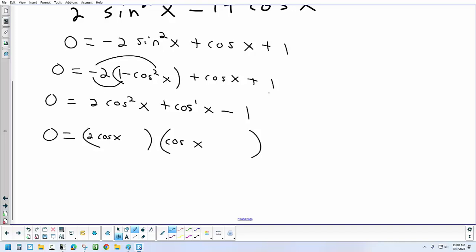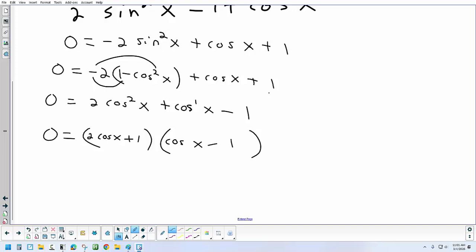Positives, negatives, or one of each? Yep, we need one of each, and it does matter which one we put where. Let's just try plus minus. If it doesn't work, we'll switch it. And then 2 numbers to multiply to give us 1.